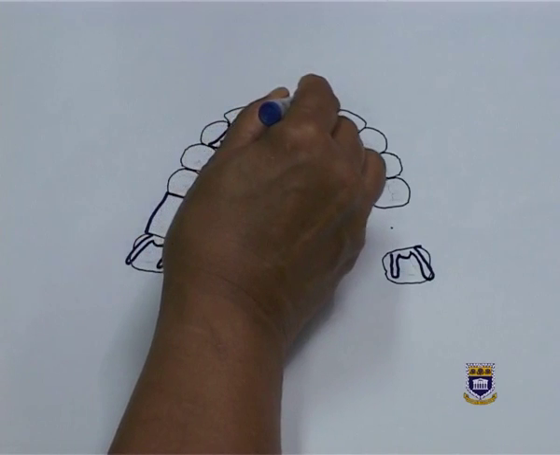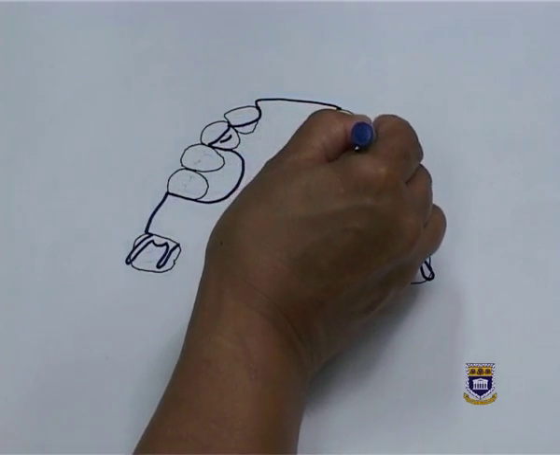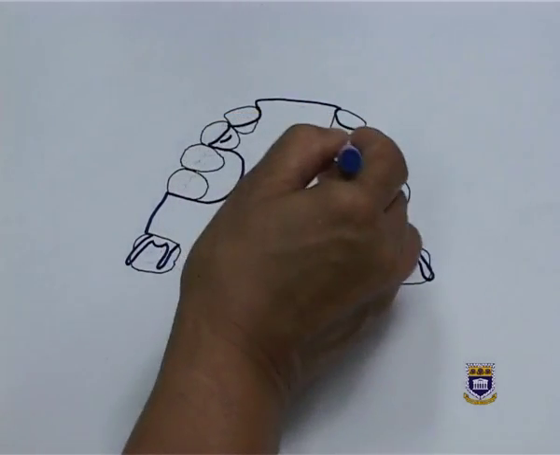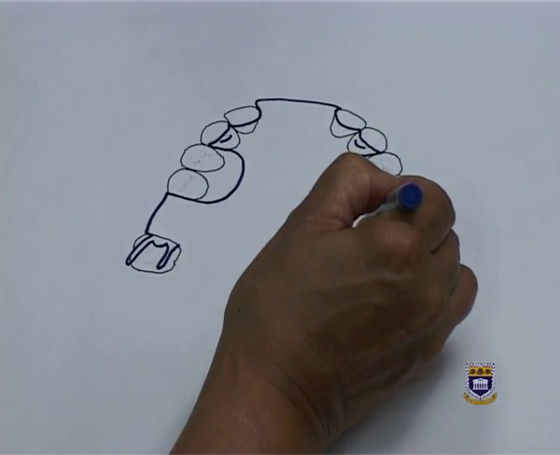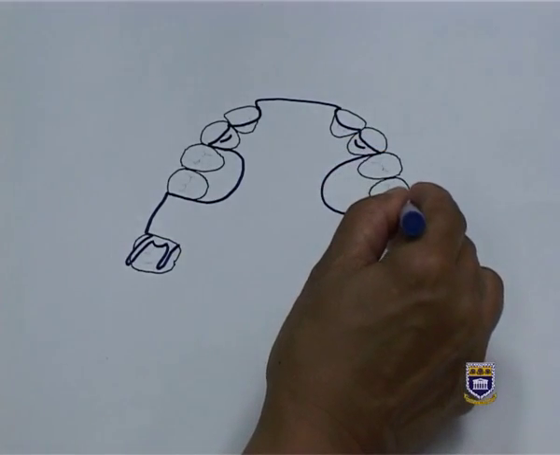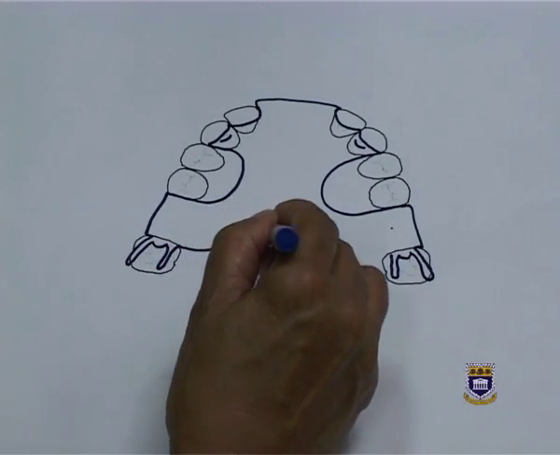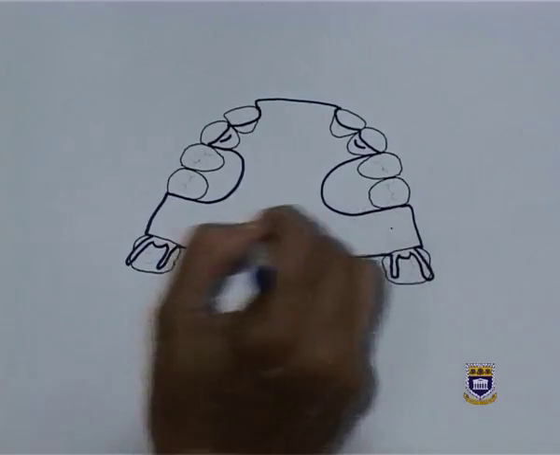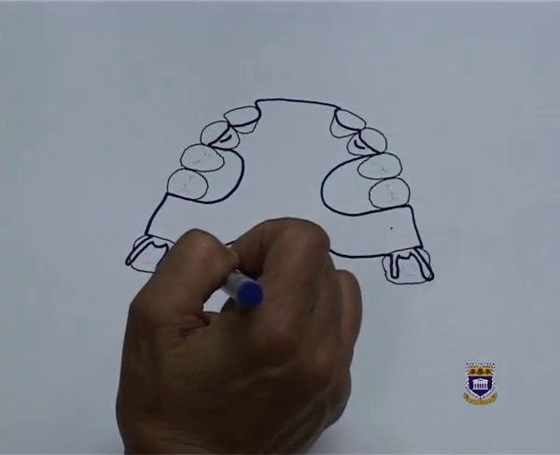Anteriorly I'm going to connect it, and I have to extend it over my lateral as well as over my canine to indicate that it is a cingulum rest. I'm going to relieve my 2 teeth again, and I'm connecting. Posteriorly my major connector, and there I have connected all the components.